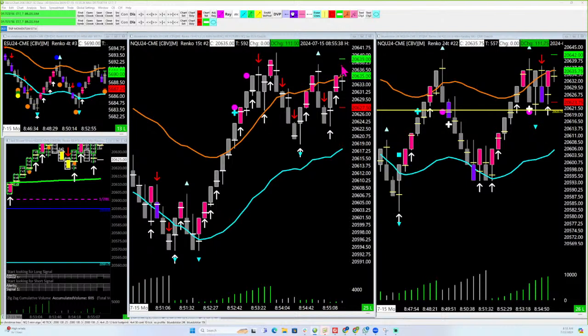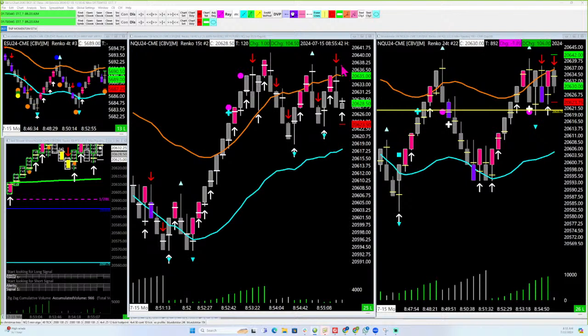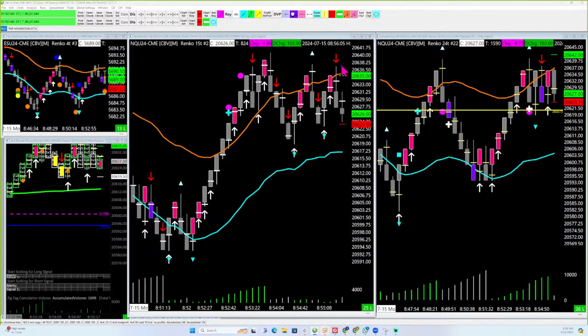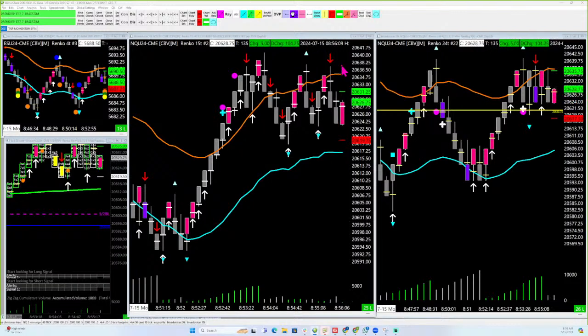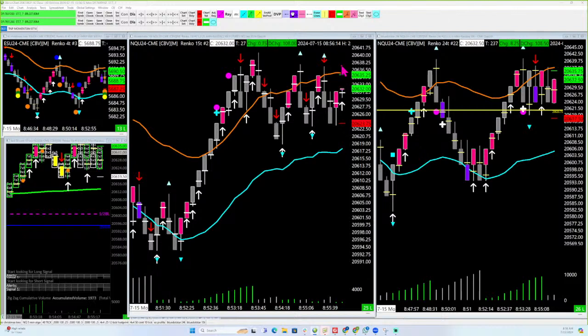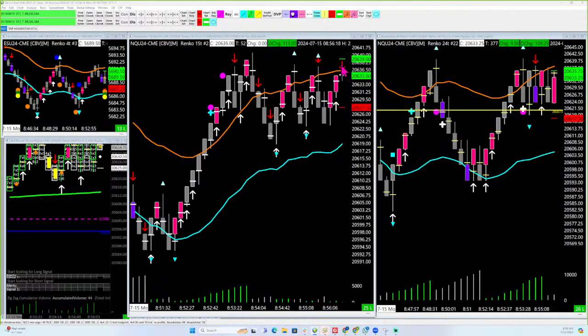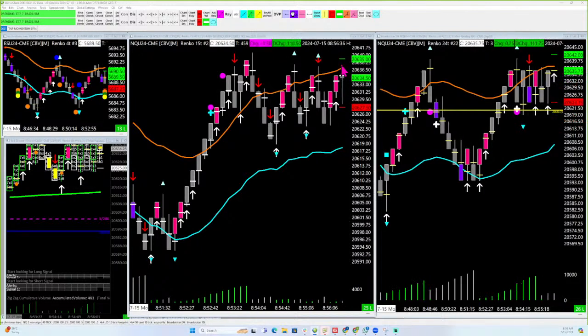Whichever way it closes out of that, the bar up should lift, on the 15 tick. Needs 42, and it should launch.